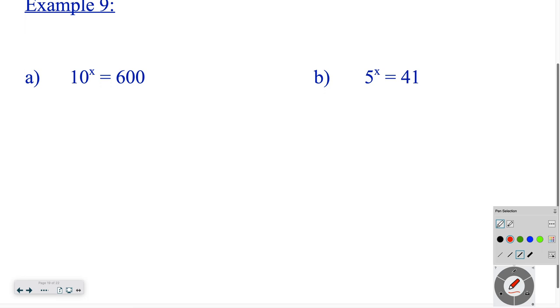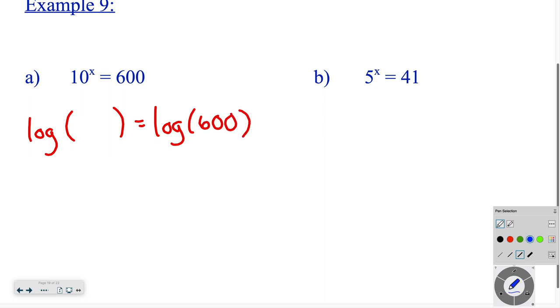So we're going to set it up. We're going to take log, this is the common log, so it's in base 10, of 10 to the x equals log of 600. So now that I have that set up, on the left side here, you can view this problem two different ways at the moment.